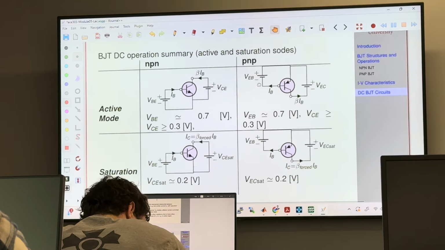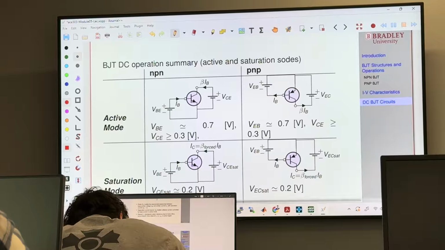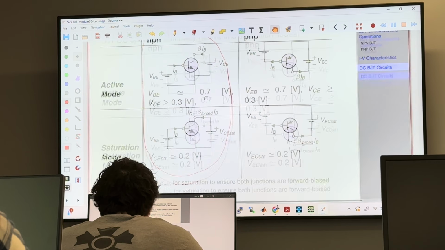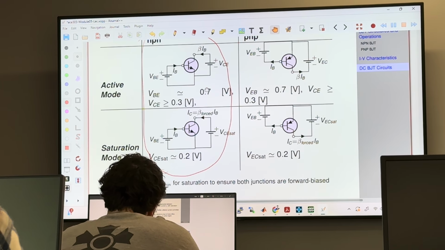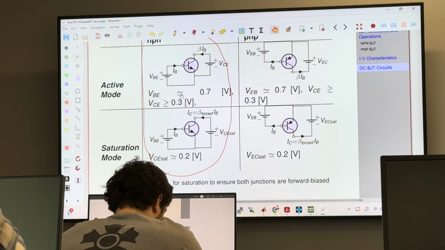Okay, so this is basically the summary of transistors operating in active mode. So you just focus on this column because we will not be covering PNP. So in active mode, your VBE is approximately 0.7 and VCE is greater than 0.3 volt.